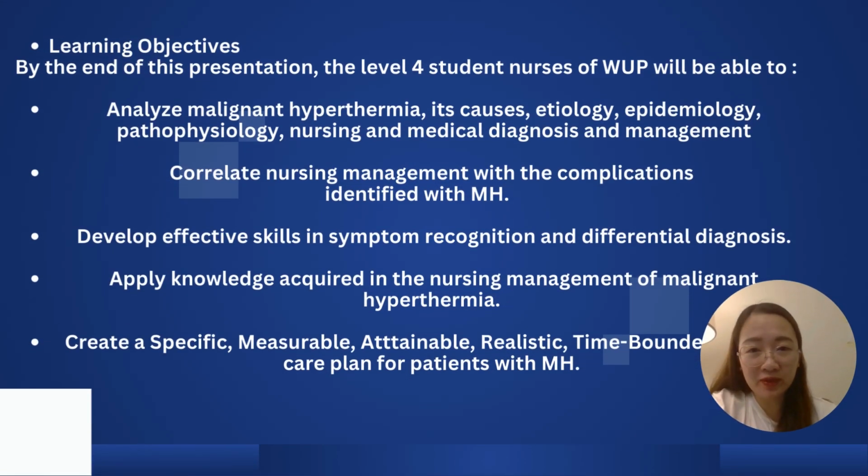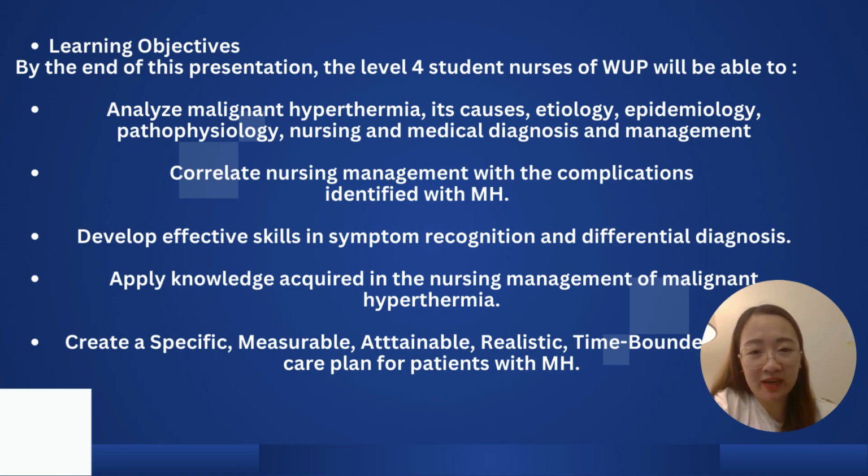So let's start off with our learning objectives. By the end of this presentation, I want you all to be able to analyze malignant hyperthermia, the causes, etiology, epidemiology, explain the pathophysiology, nursing and medical diagnosis, as well as the management. Then, we should be able to correlate nursing management with the complications identified with malignant hyperthermia, or MH.